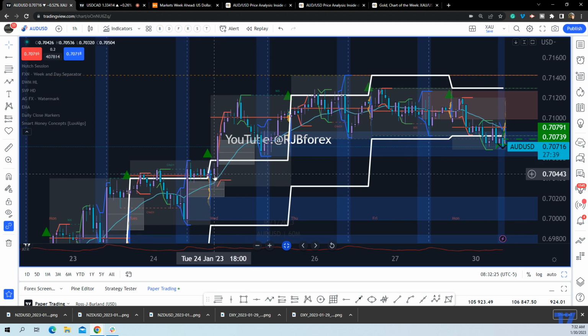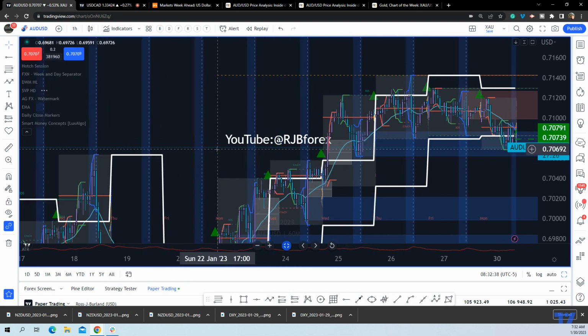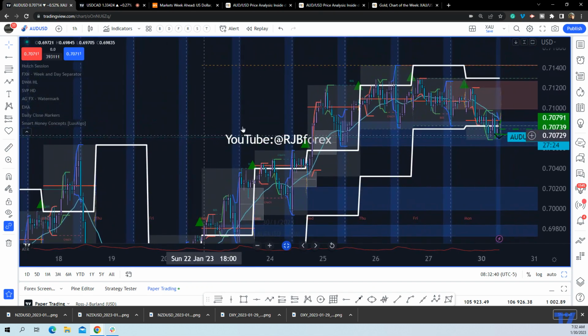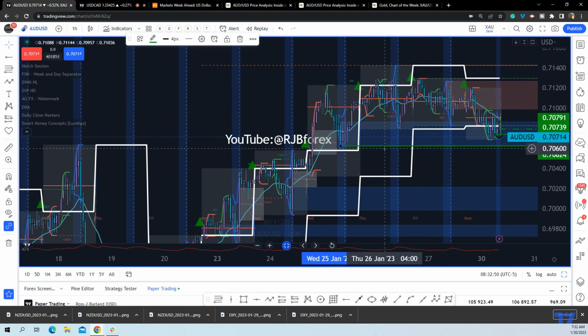This order block over here at 44. So I think our target's okay. We wanted to take some off there.